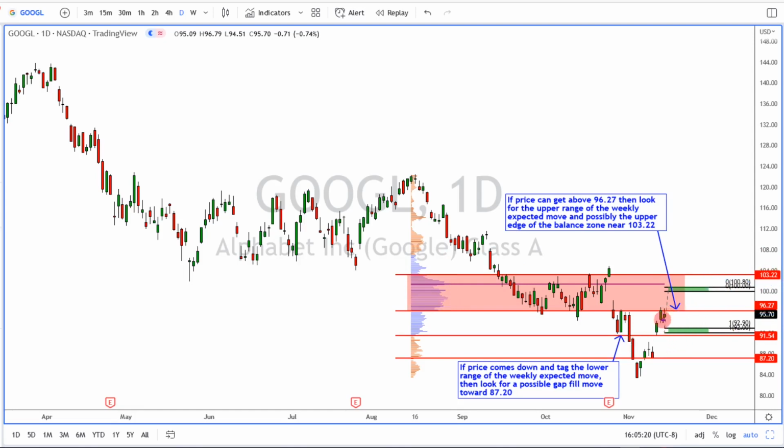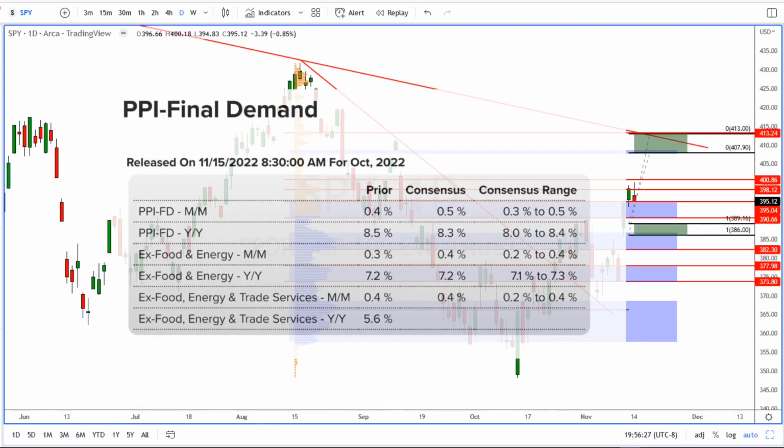Now, if it continues to move down and pulls back and dips below this 91.54, essentially tagging the lower range of the expected move between 92.90 and 92, then look for a gap fill and move possibly down to this 87.20.